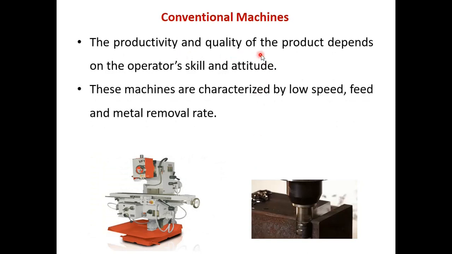The productivity and the quality of the product depend on operator skills. So a good operator can produce good quality product, and the quantity will also be more. But suppose one day his attitude is not good, he is not in a good mood, he may produce fewer parts, or he may damage the quality also.